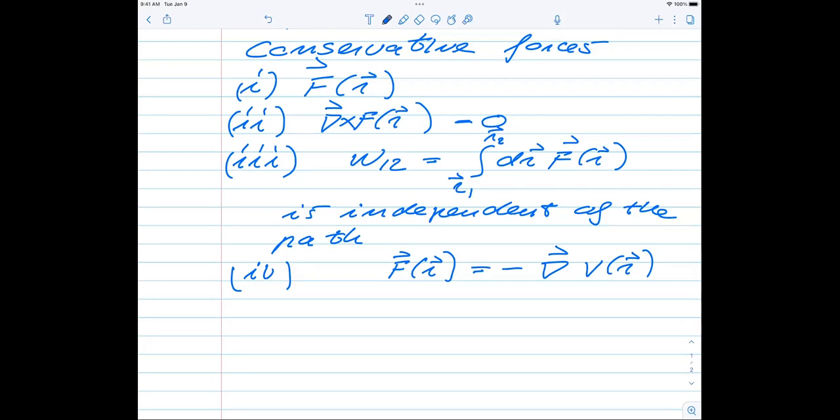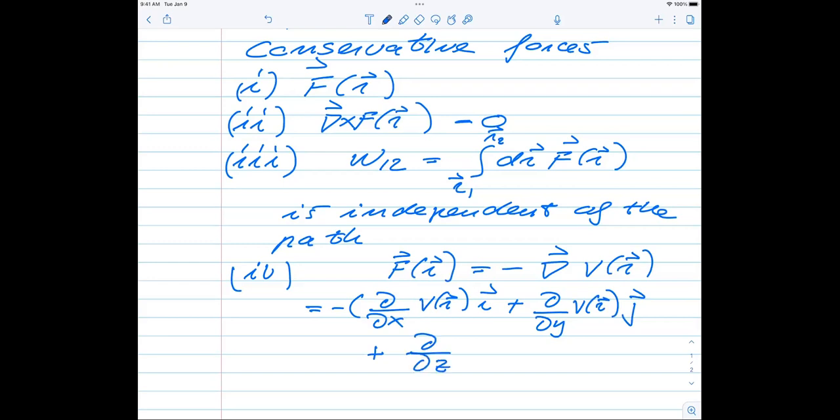Okay, so let's just continue and write this out. So this means that we would have minus, and then we would have a d dx of V of r multiplied with the unit vector in the x direction plus the derivative with respect to y. So this is just the definition of the gradient, plus the derivative with respect to the final axis z if we are in 3 dimensions.